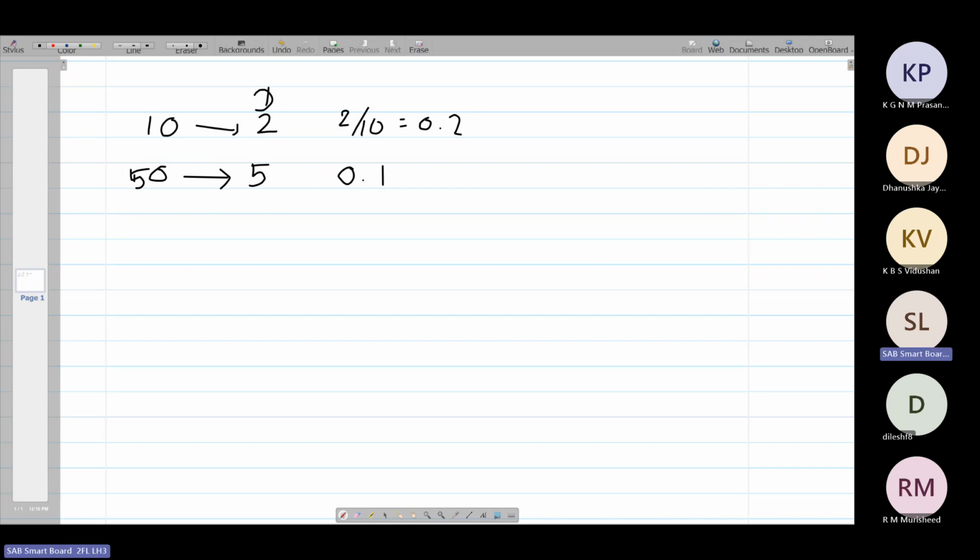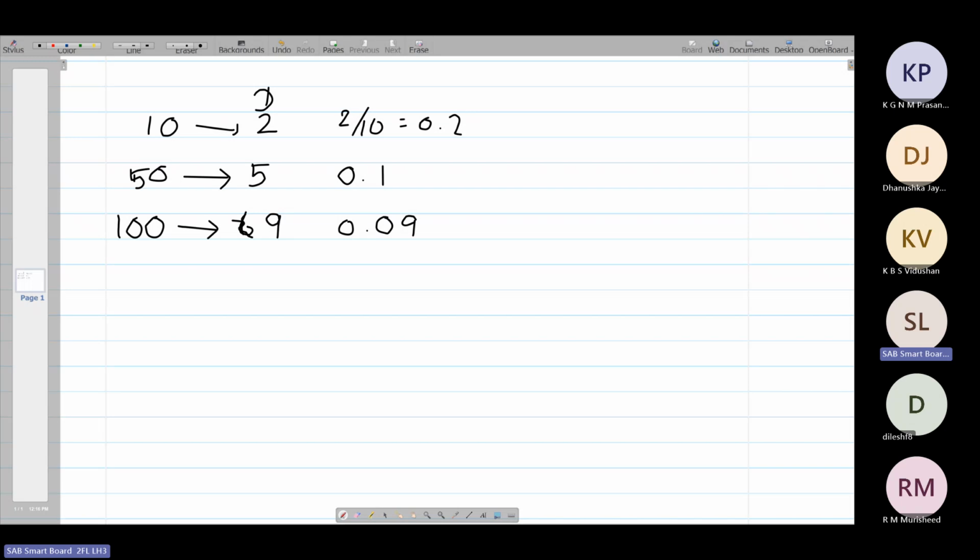Then we take 100 items. Nine defective items are there. Then what is the probability? 0.09.